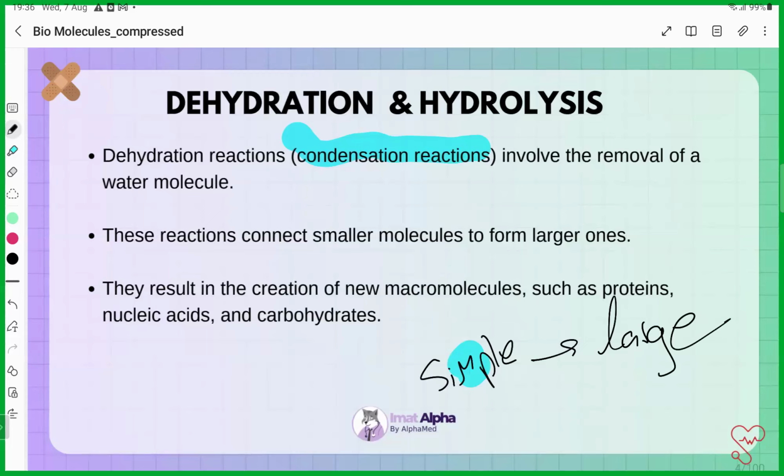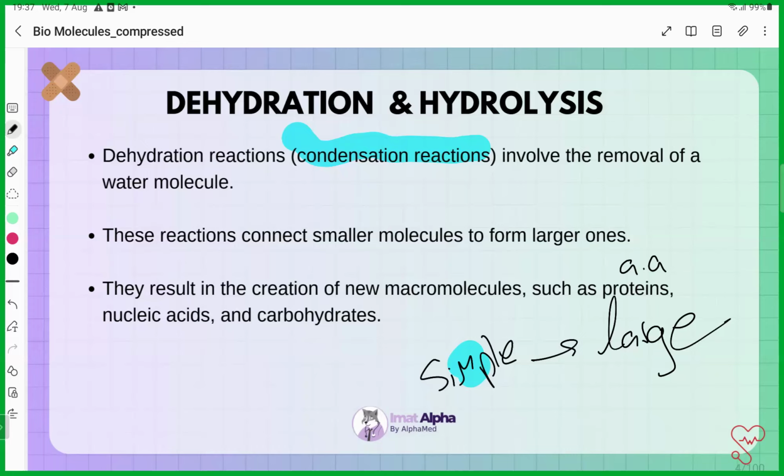So the reaction between, let's say, amino acids, as we know, the smallest unit of the protein is the amino acid, the smallest unit of carbs, let's say the glucose molecule, nucleic acids, they're made up of phosphate group, sugar backbone, and nitrogenous bases.